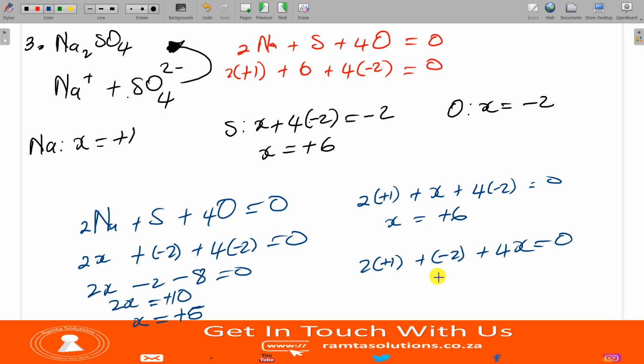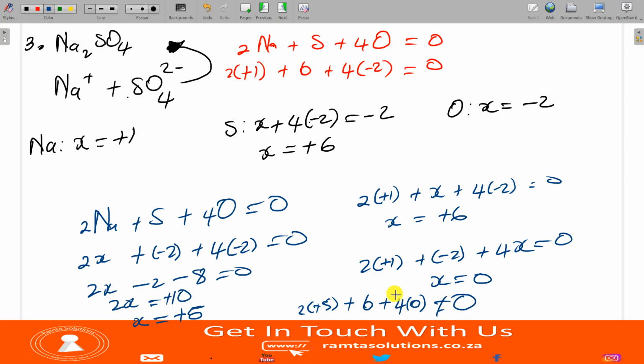This will say to you X equals 0. You are saying the oxidation number of oxygen is 0. And when you add them, you will be getting 2 times positive 5 plus 6 plus 4 times 0.